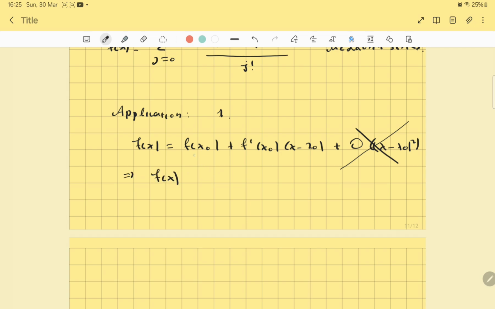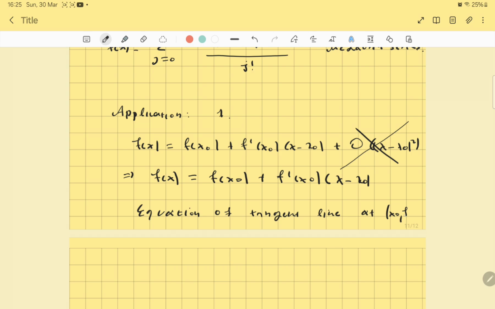At the right hand side I keep the function evaluated at x naught and the derivative times x minus x naught. That here is the equation of the tangent line at x naught, f of x naught.